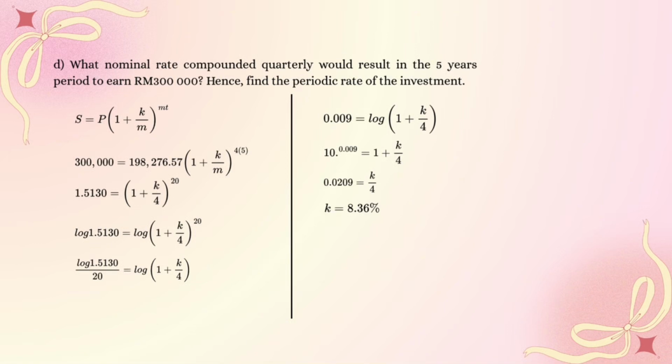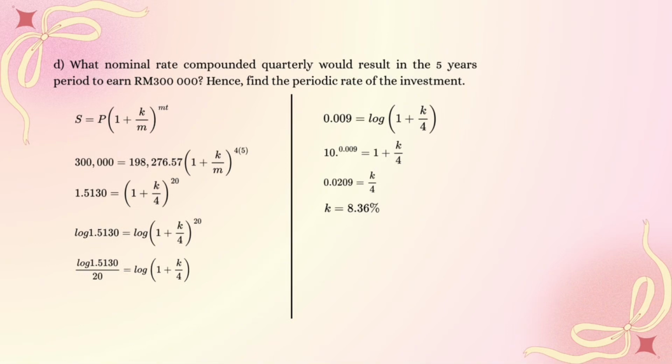It is quarterly compounding, so m equals 4, and time, or t, is 5 years. And k is the nominal annual rate we want to find. So we substitute the values into the formula. So it becomes 300,000 equals 198,276.57 times (1 plus k over 4) to the power of 4 times 5.